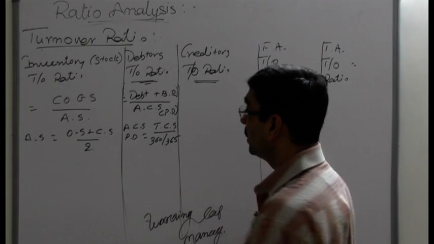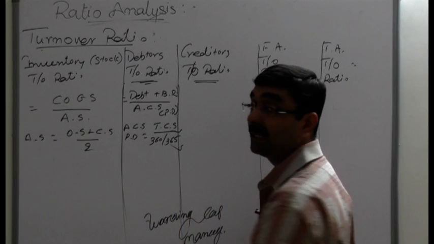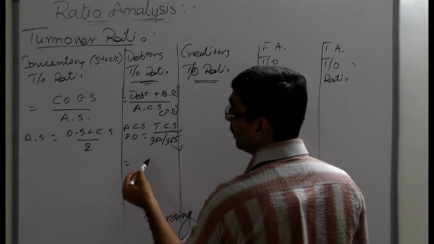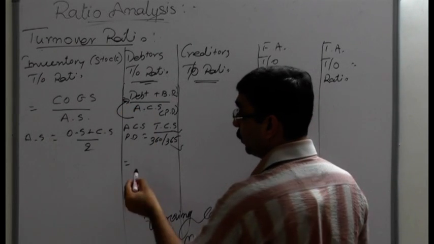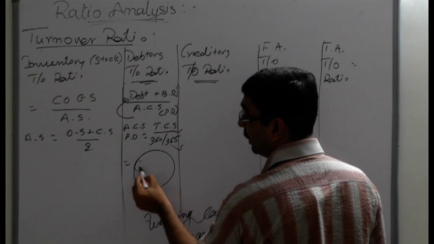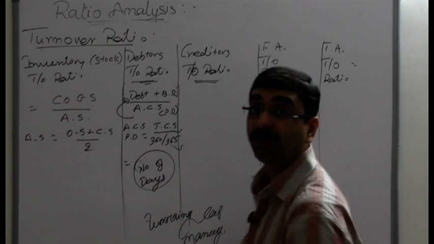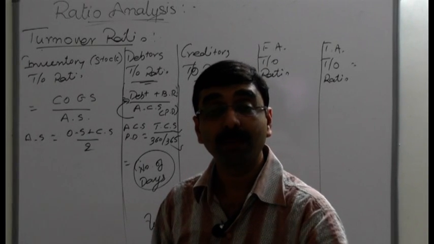But if it is not mentioned, you can take 365 days. Total credit sales in a year divided by 365 would be compared with the debtors and bills receivable. So the answer is found in number of days. This answer would be helpful to know how many days of credit period has been offered by a company to the debtors.